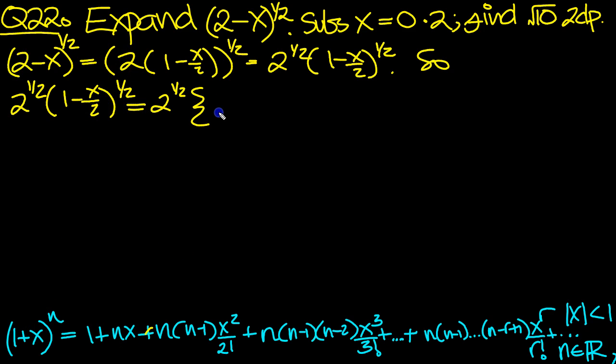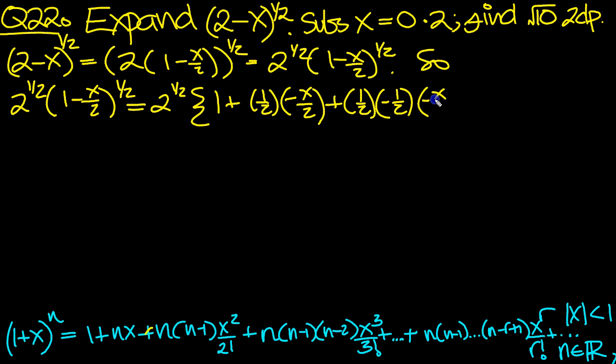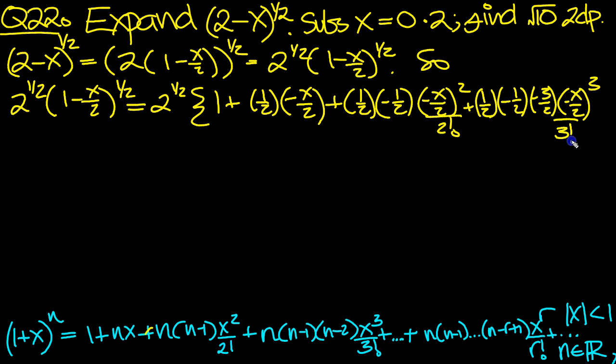So 1 plus nx then, 1 plus n, which is a half, times x, which is minus x over 2, plus n minus 1, input x squared over 2 factorial plus n minus 1, n minus 2, input x cubed over 3 factorial. Hopefully that's sufficient level of accuracy, plus dot dot dot, close brace. Now the 2 to the halves cancel, so that's a little bit redundant there.